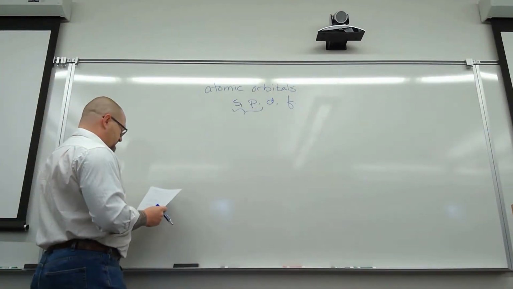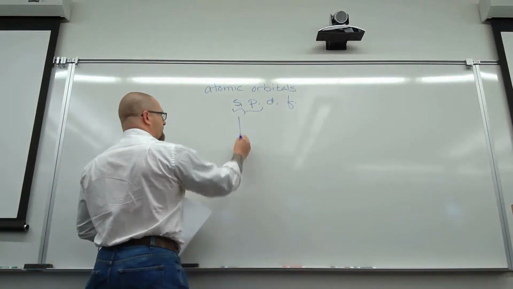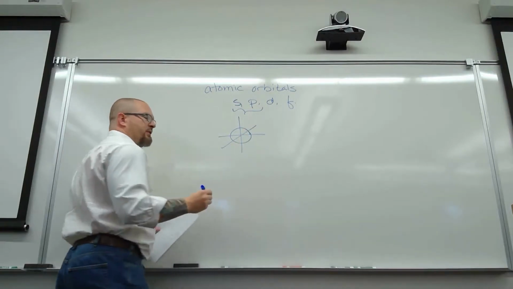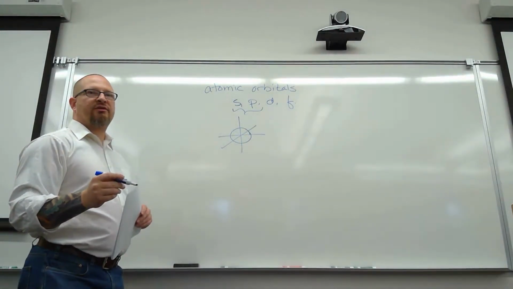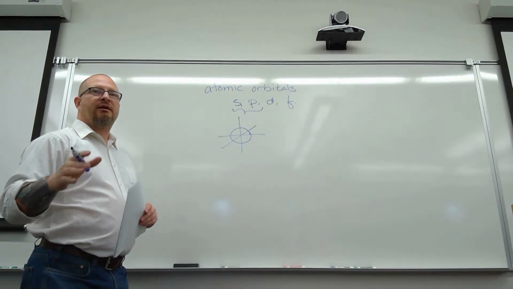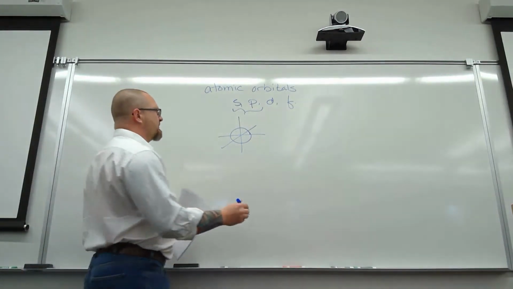And the s orbital is spherical in nature. It has a regular spherical distribution of finding the electron at any point around the nucleus.